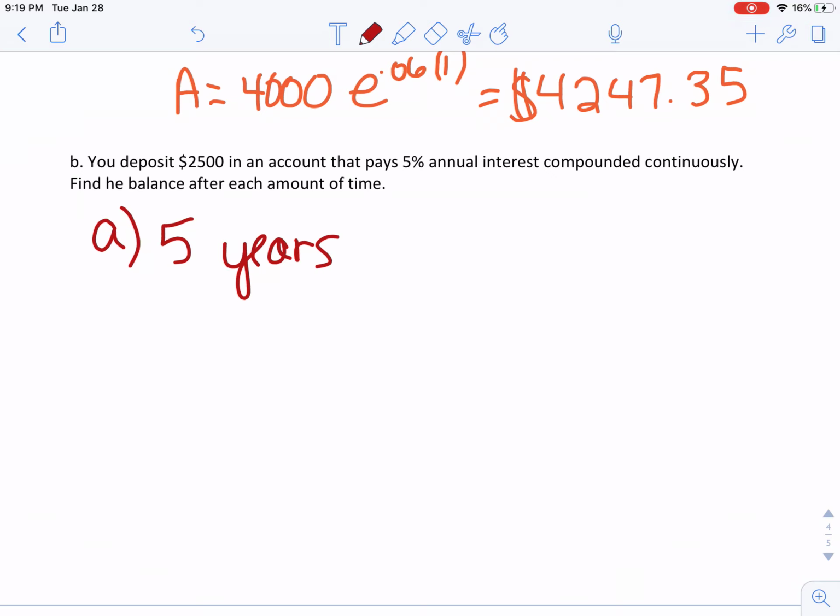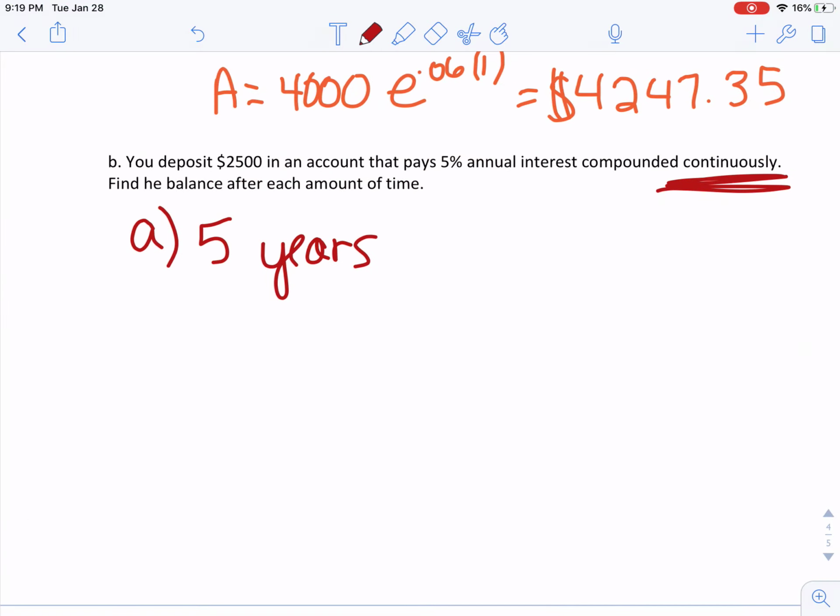So you deposit $2,500 in an account that pays 5% annual interest compounded continuously. So we're using PERT. Find the balance after each amount of time. We're doing 5 years. After 5 years, how much money do we have? So A equals, well, P is my principal. It's what I started with. So 2,500 times E to the rate, which is 0.05 times 5.